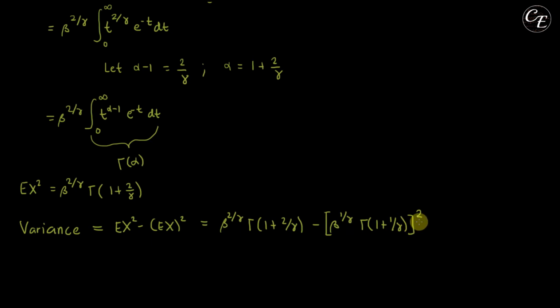Then let us distribute this one for its term in here. So we'll get beta raised to 2 over gamma. Then this is big gamma squared of 1 plus 1 over gamma. Then we can factor out this expression by the common term beta raised to 2 over gamma.